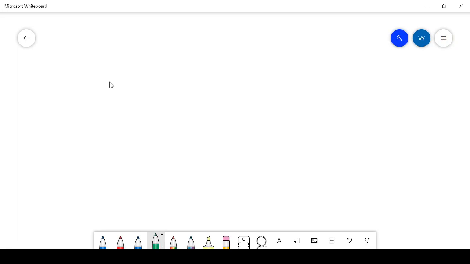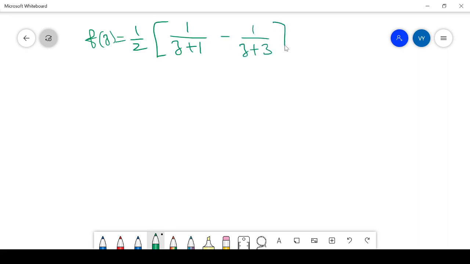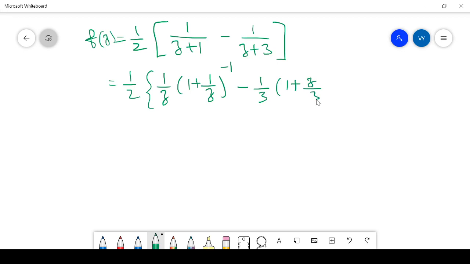So now how do we do it? I have f(z) = 1/2 times [1/(z + 1) - 1/(z + 3)]. This 1/2 will be there. I will have 1/z as a common factor and I will have (1 + 1/z)^-1 - 1/3 (1 + z/3)^-1.